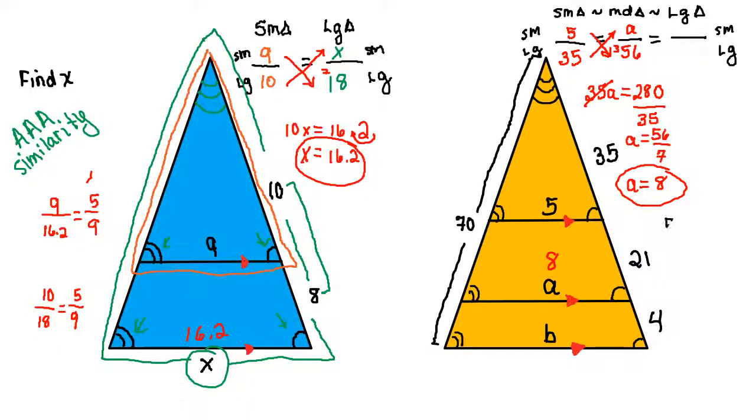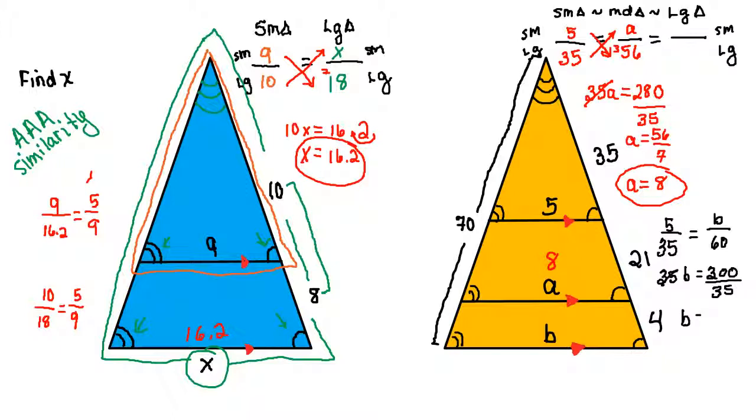But since I already have my small one here, I'm going to do 5 to 35, and the small side is going to be B, and the large side is everybody added together, 35, 21, and 4, which is 60. So we get 35B equals 300. And that means we're going to divide both sides by 35.